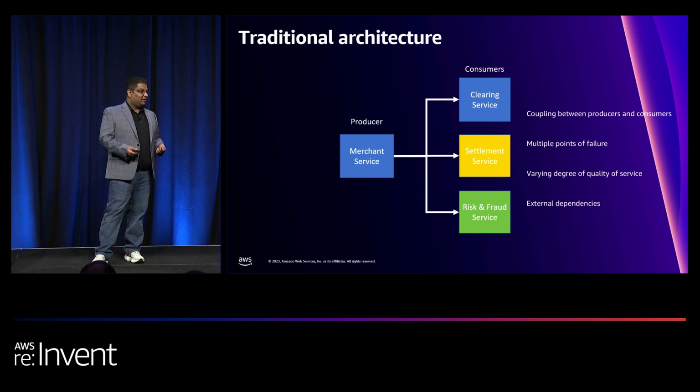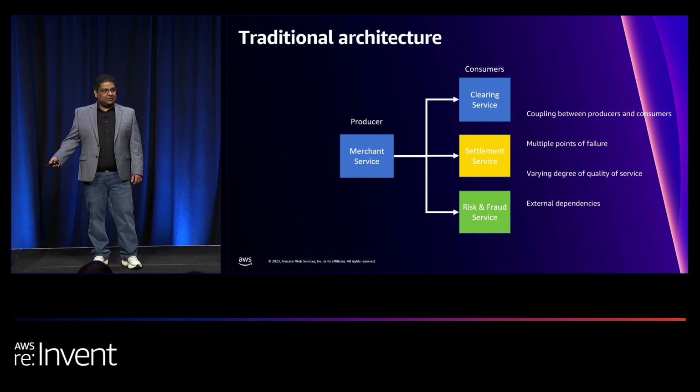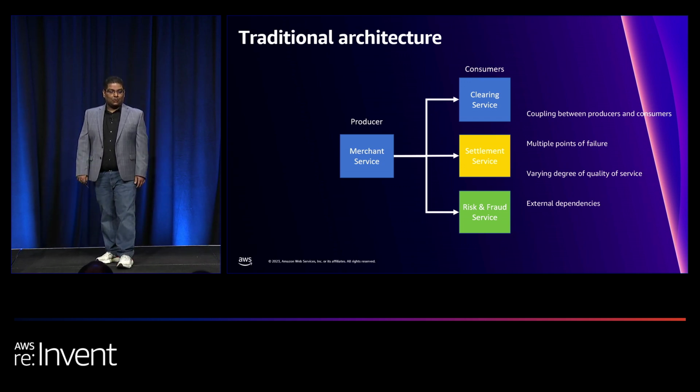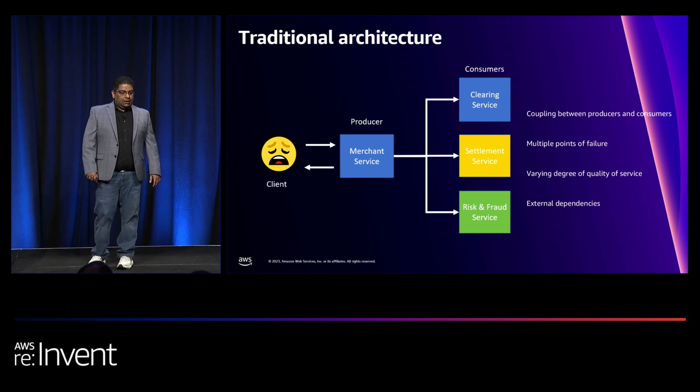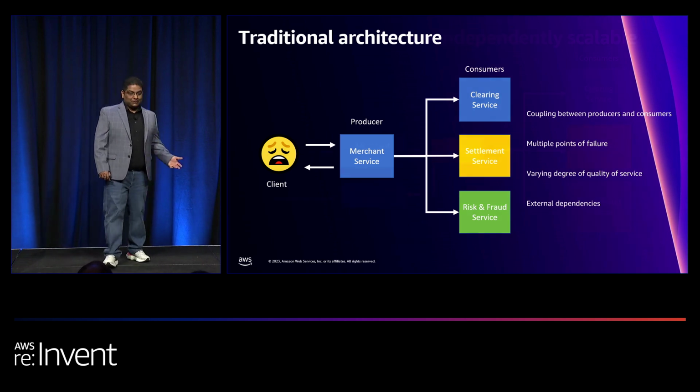So you get a varying degree of service. You also add external dependencies. As and when you want to grow your system and grow this business, more boxes here will be added, and that will hamper your total productivity. At the end of the day, it all matters about user experience, so that will drive a bad user experience.